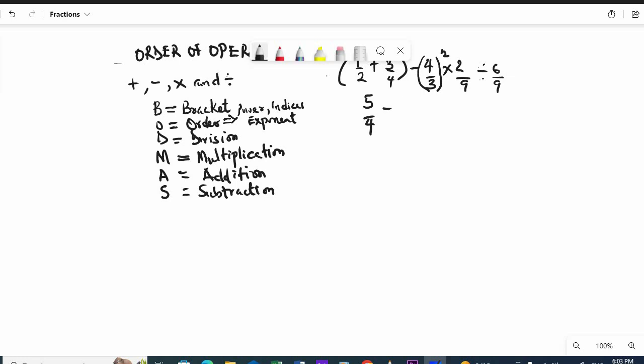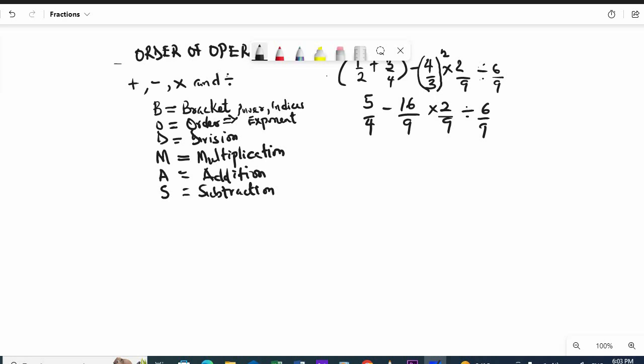To solve this, all we simply do will be to express this in a single fraction without the index or the exponents. So this will be 4 squared, that's 16, over 3 squared, that's 9, times 2 over 9, divided by 6 over 9, and then we solve as we did before.